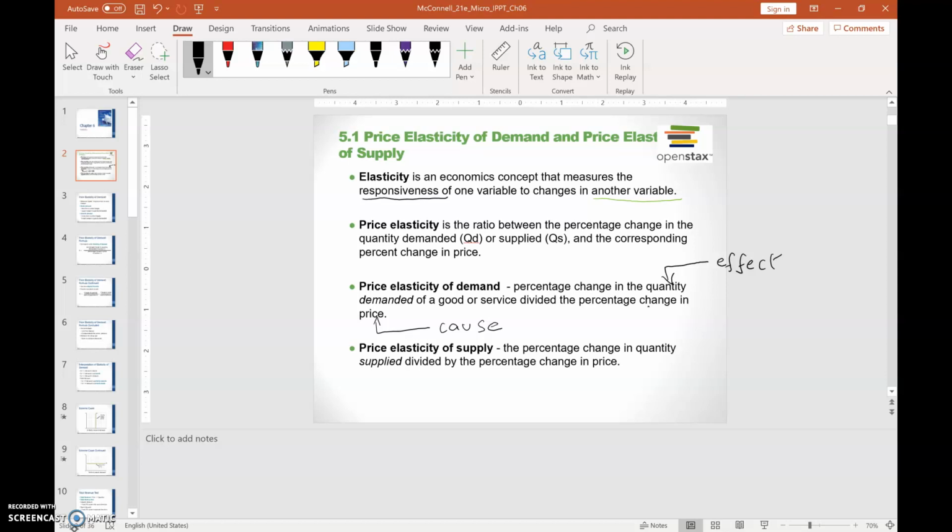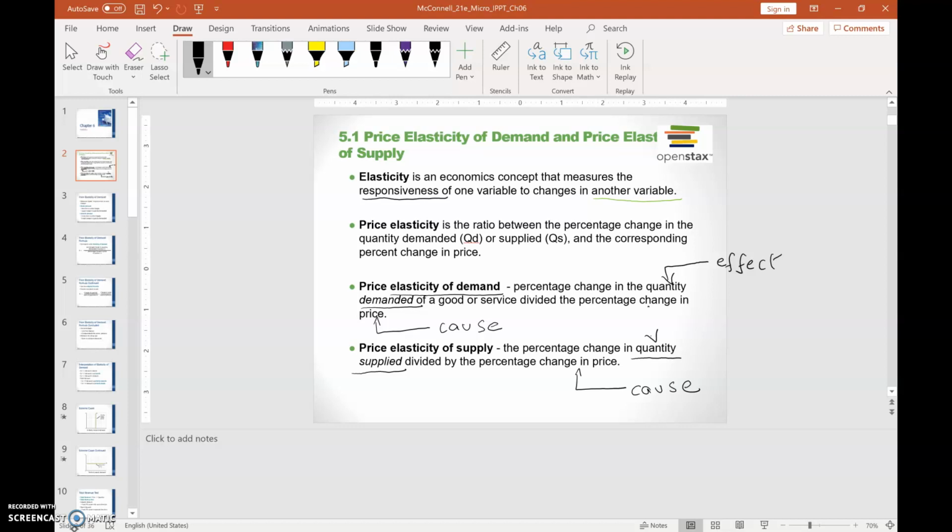Now if we look at the price elasticity of supply, the difference between these two is over here for price elasticity of demand, we had percentage change in quantity demanded. Over here we have percentage change in quantity supplied, and it's going to be divided by the percent change in price. Even here, percent change in price is the cause.